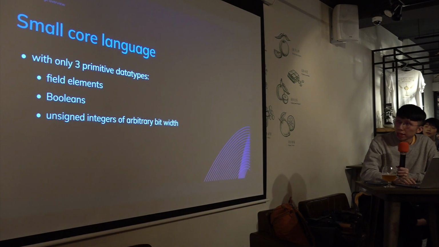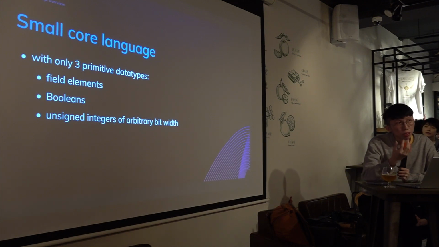Right now it has 3 primitive data types, and the most primitive one is a field element, because the protocols we're using are often constructed over some finite fields.